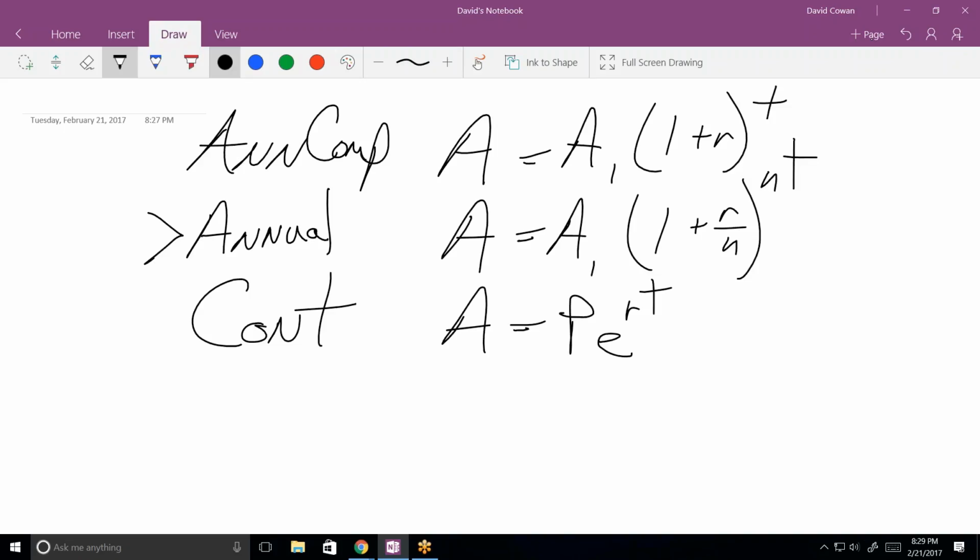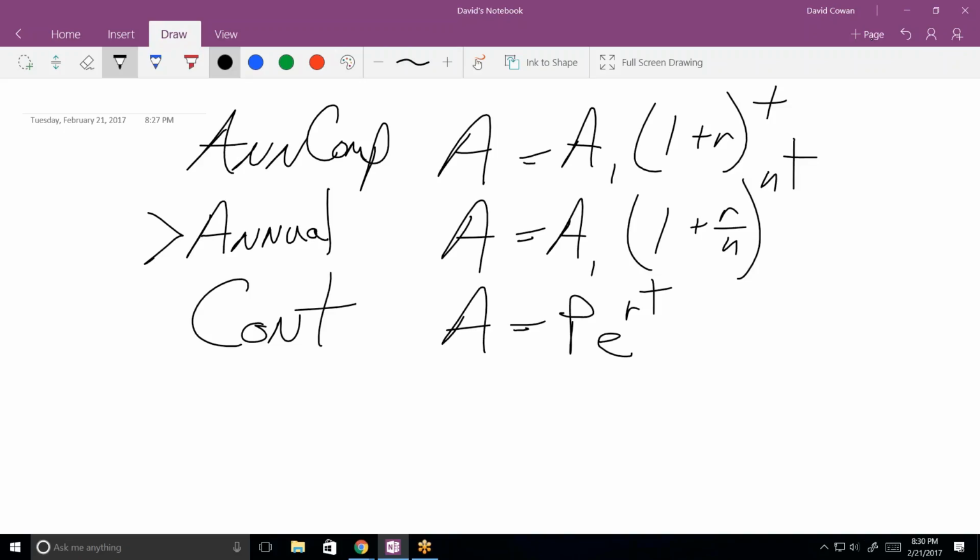Bacteria compounds based on how much of it there is at any point in time. And that's what continuous growth means. And that's also the way everything decays. In other words, if you are talking decay, whether it's a depreciation of a car or a radioactive material that's losing some of its mass on a regular basis, always continuous.